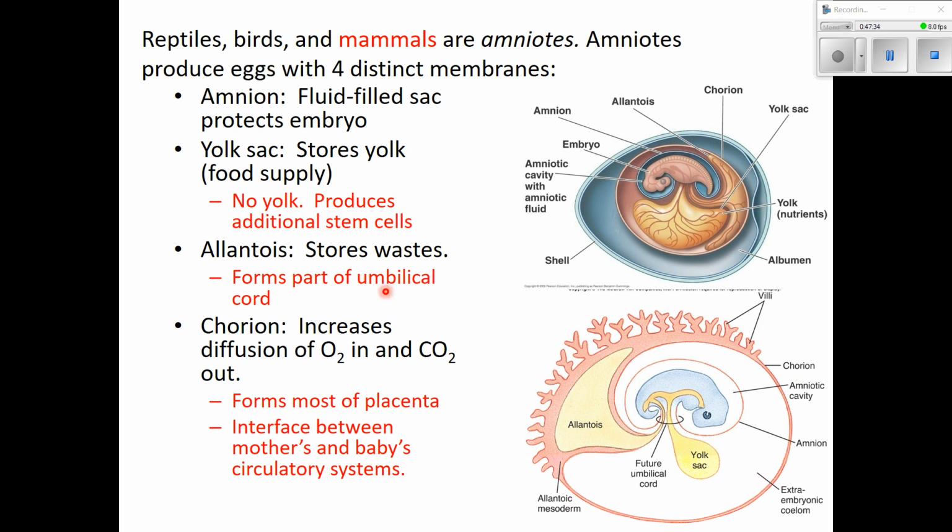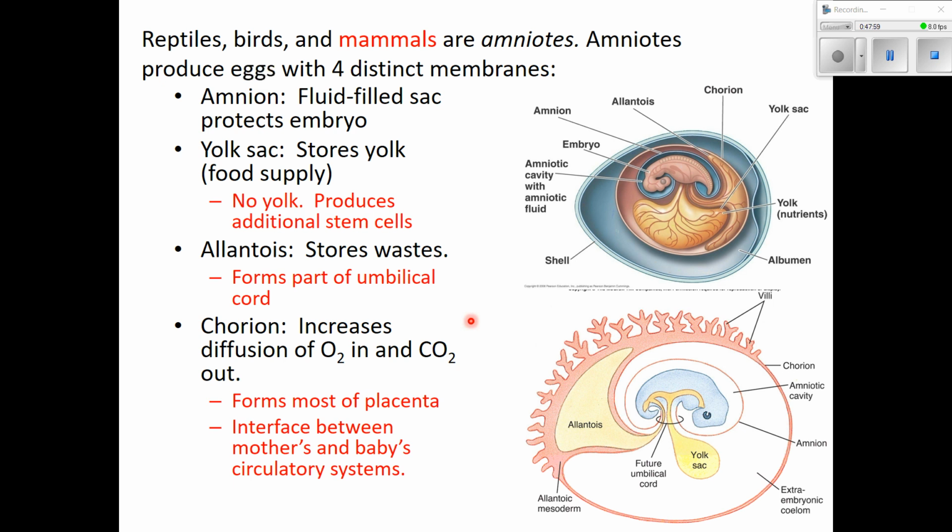And finally, the chorion, which regulates the diffusion of gases in a reptile or bird egg, has evolved to become part of the placenta. So it's still an interface between the mother's blood supply and the baby's blood supply so that oxygen can get to the embryo and carbon dioxide can be removed from the embryo.